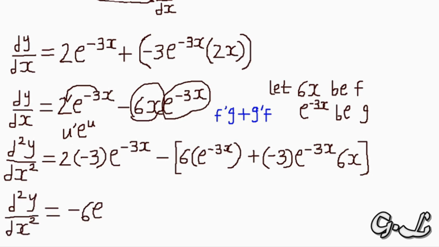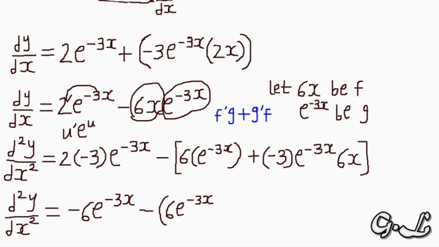So we're going to say d2y dx squared is equal to, when you consider the simplification of 2 open brackets negative 3 close brackets e to the negative 3x, it will give you negative 6e to the negative 3x. And then you are going to say minus and consider those.